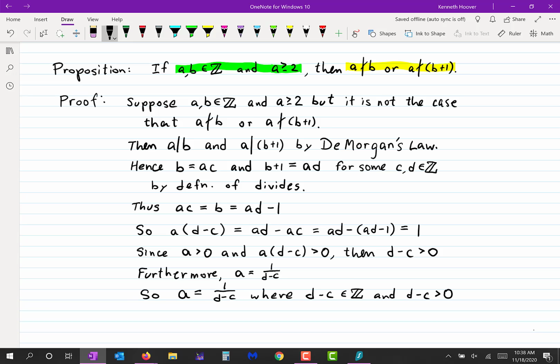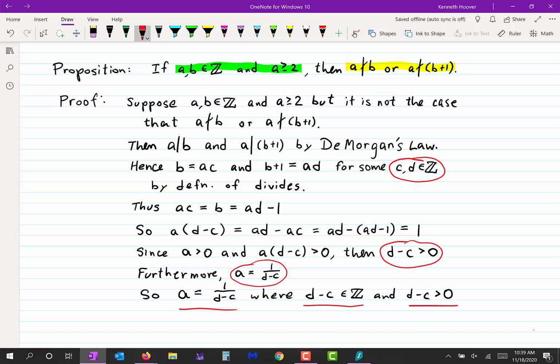I'm not adding anything new here. I'm just repeating some things because I'm wanting to tie together 3 different things. Okay, I'm tying together this and this and this, that c and d are integers.